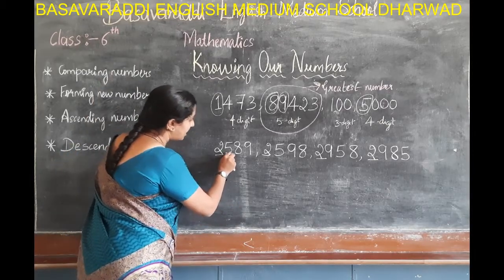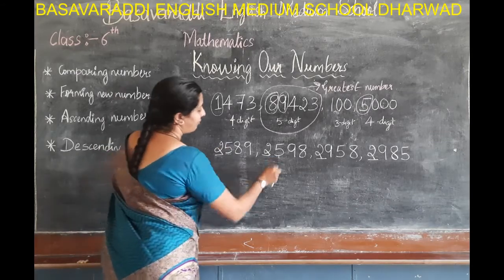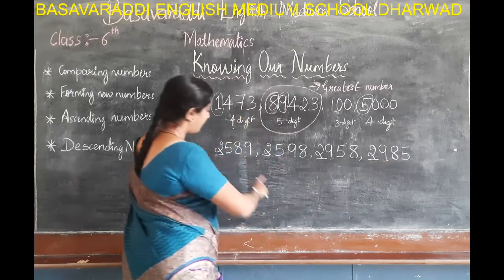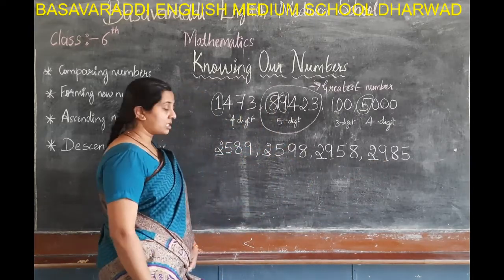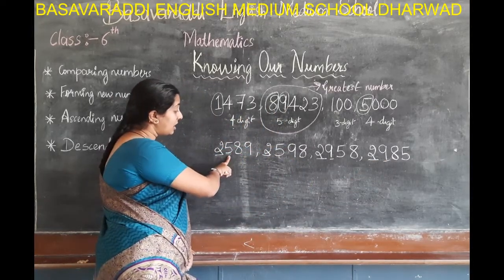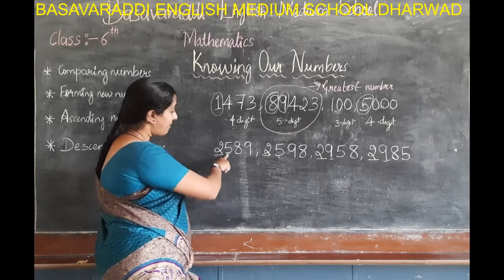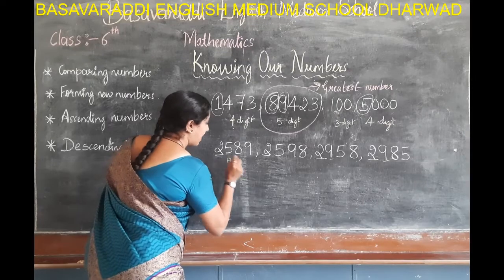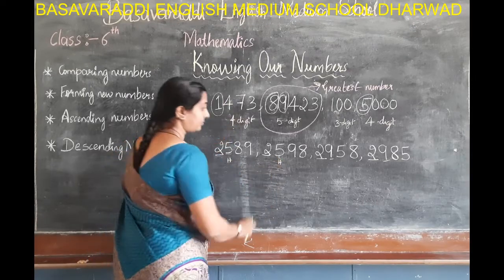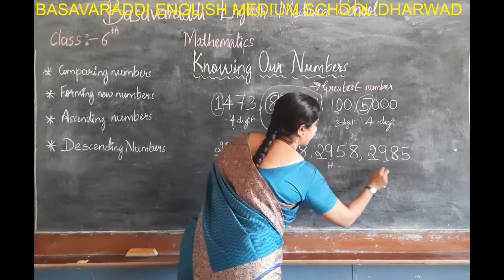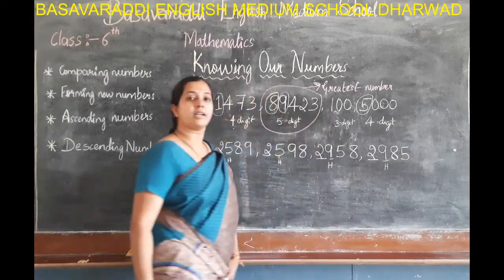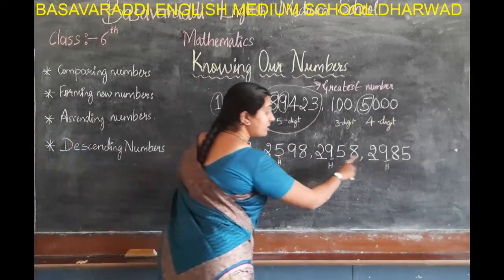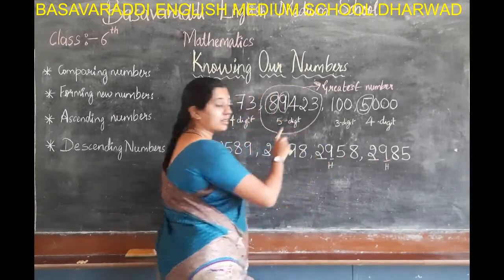What we have here? Here we have 5, 5. Here we have 9 and 9. So when we see all these 4 numbers, in these 2 numbers we have 5 at hundreds place. Yes, this is hundreds place. Correct? 5 at hundreds place. At the same time, in these 2 numbers we have 9 at hundreds place.